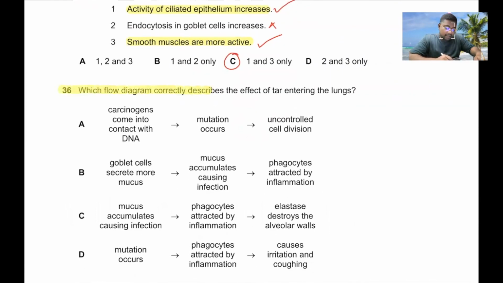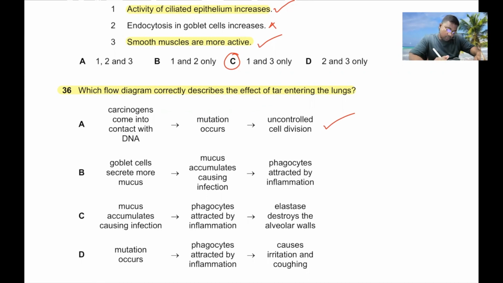36. Which flow diagram correctly describes the effect of tar entering lungs? Carcinogens come into contact with DNA. Mutation occurs, uncontrolled cell division. Could be. All right. Goblet cells secrete more mucus. Mucus accumulates, causing infection. Phagocytes attracted by inflammation.